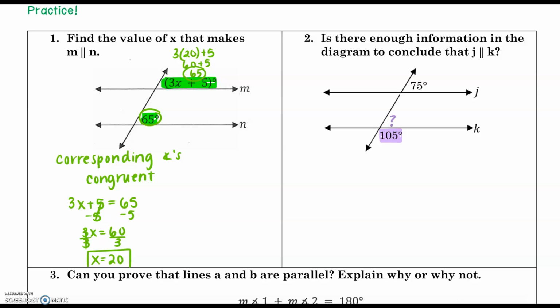I know that this angle with a question mark and the 105 degree angle form a linear pair, so they must be supplementary. They must add up to 180 degrees. So to find my question mark, I'm going to do 180 minus 105. And in this case, I'm going to get 75 degrees. So now I know that my question mark is 75 degrees.